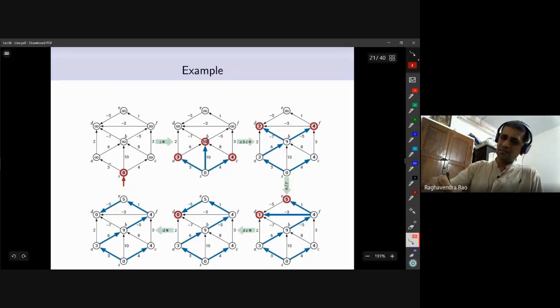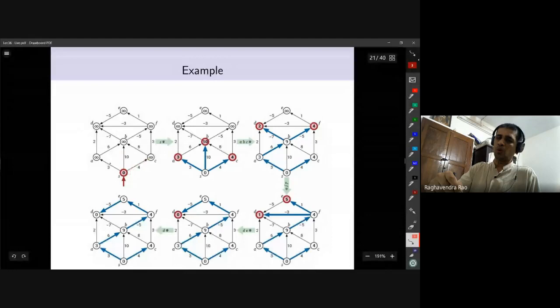See these vertex labels here, this is basically an improvement. What Moore observed is that you don't have to check for tense edges for all edges. You only look at likely candidates. All outgoing edges of this vertex need to be checked first up, that is why it says S here. Then only outgoing edges of these three, A, B, C, need to be checked.